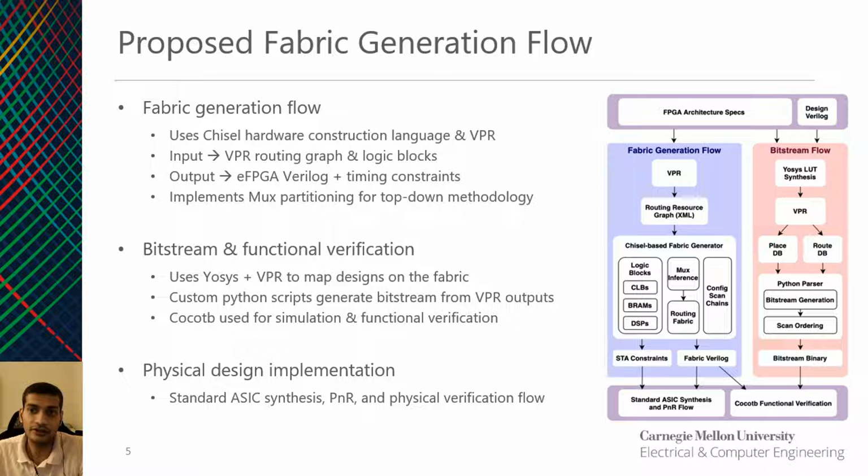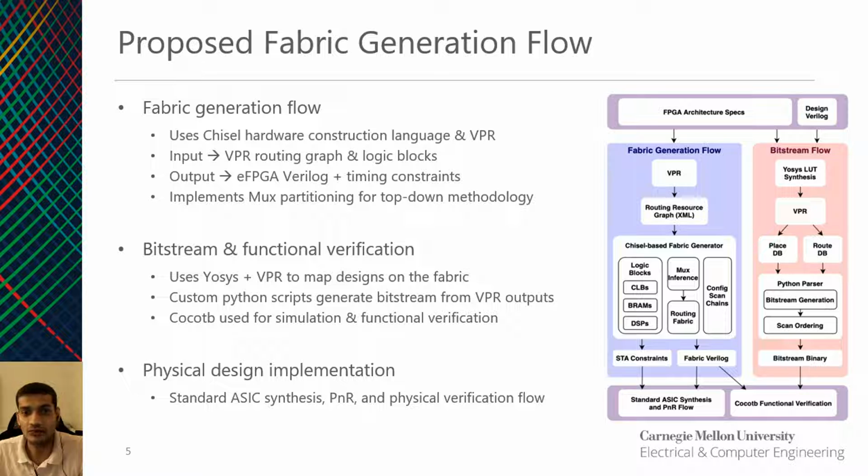Our fabric generator reads in the routing resource graph and generates the modified switchbox muxes that are necessary for implementing the top-down methodology. It also integrates the logic blocks into the fabrics and adds the configuration cells required to program the FPGA as scan chains.